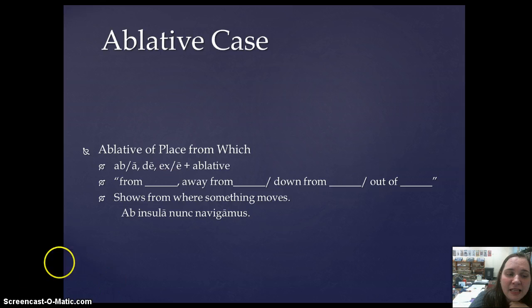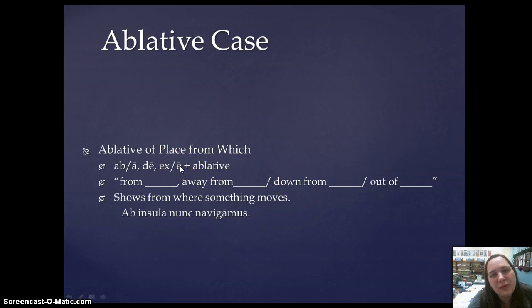So it translates with the prepositions ab, a, de, or ex, and depending on which preposition you use, that'll dictate how you translate the ablative of place from which. All three of these prepositions can generally just mean from, but remember that there are some fine differences between ab, a, and de, right? Ab, a means away from, whereas de means down from, and ex means out of.